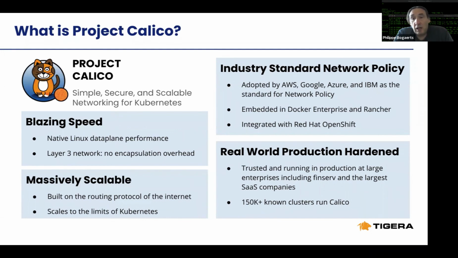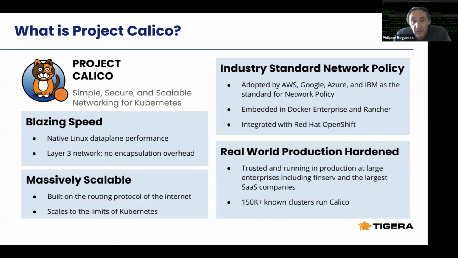Most cloud providers already adopted the Calico network security policy mechanism, and some of them can be used with the Calico CNI, so the networking part. There are quite a lot of distributions which are actually using Calico, whether it's Docker Enterprise, Rancher, Nutanix, VMware, and so on and so forth.